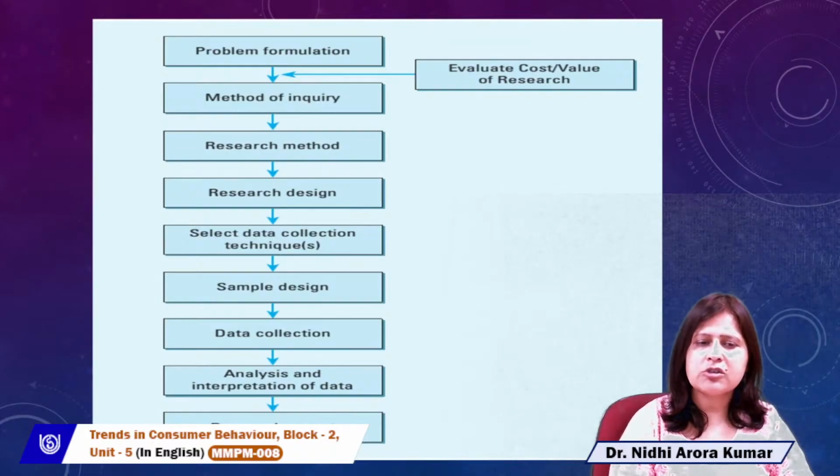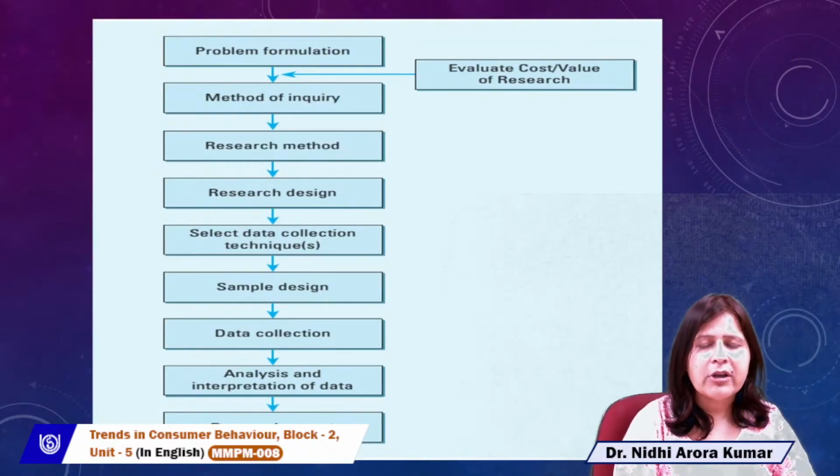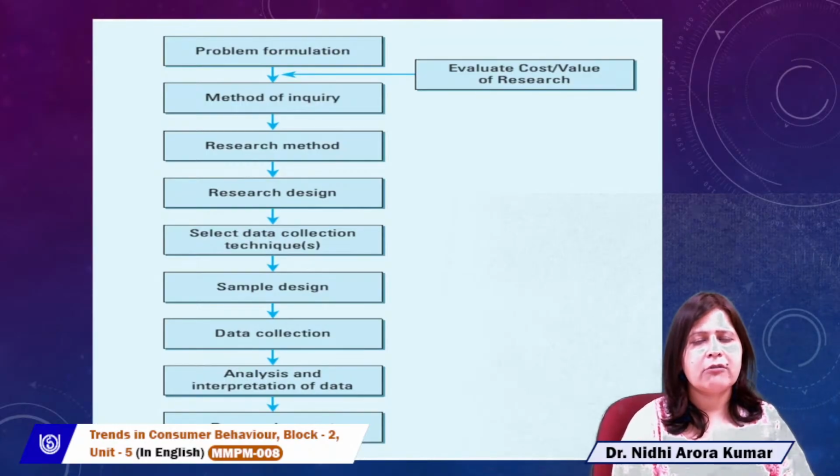Research method and research design include many things. It is important to define your population, your population size, the tools and techniques which one will use, how you will collect the data, and what sources are required to collect the data.